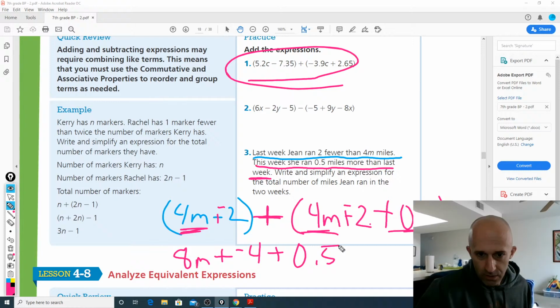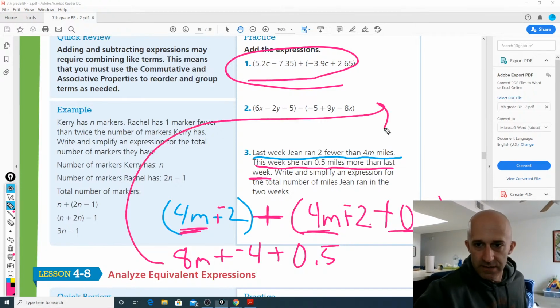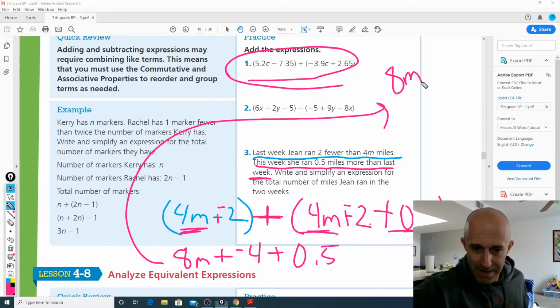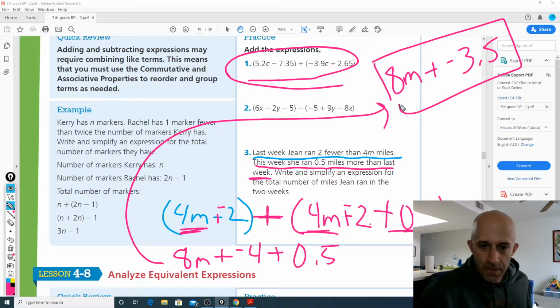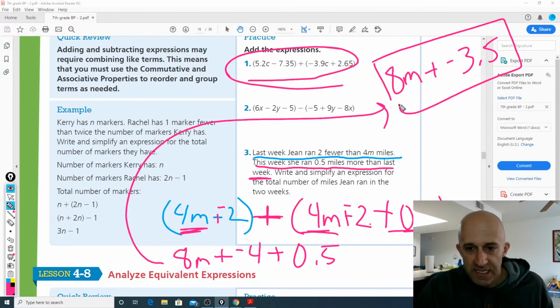So negative 4 plus 0.5 plus positive 0.5. I'm going to draw a little line up here just to give some room. That will give you your final answer of 8m plus negative 3.5. And that right there is the expression for how many miles she ran in the 2 weeks.